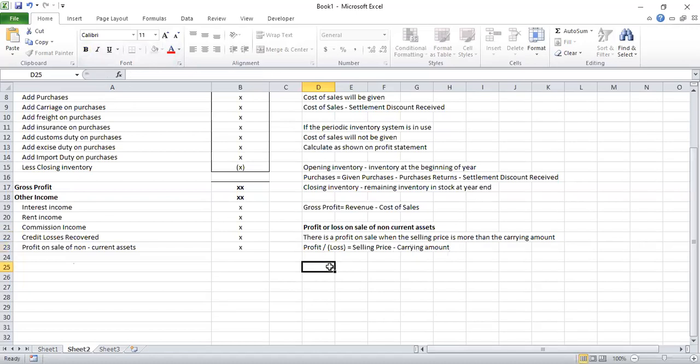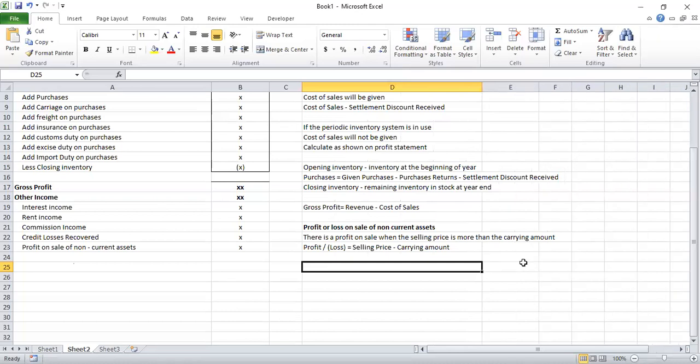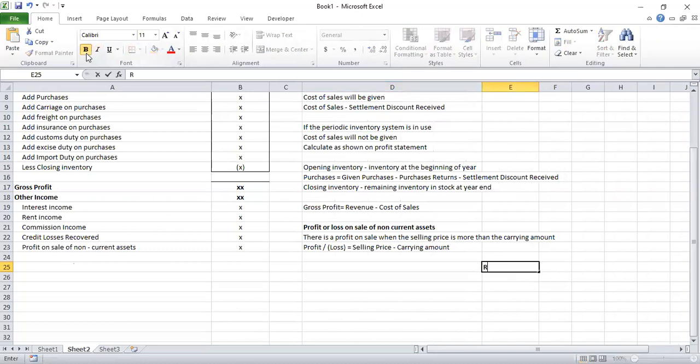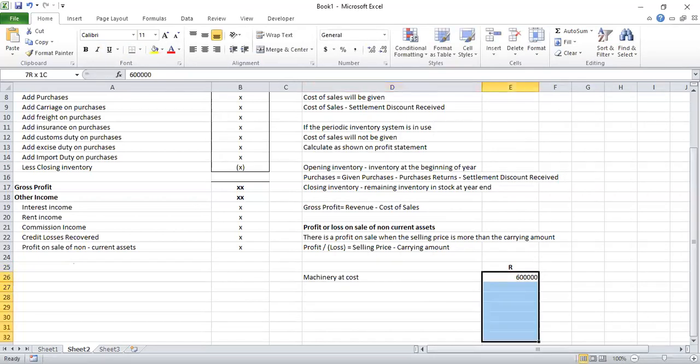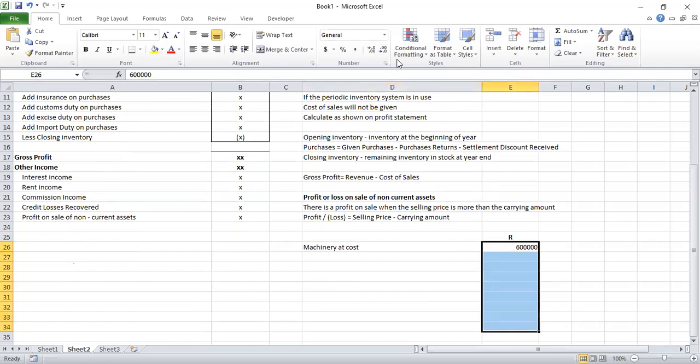Let's look at an example here. Let's say 3 years ago, Eugenius Traders bought a machine. Machinery cost, let's say it was 600,000. Then in accounting, we provide for the loss in value of an asset as we use it.